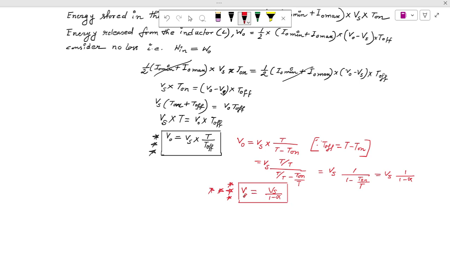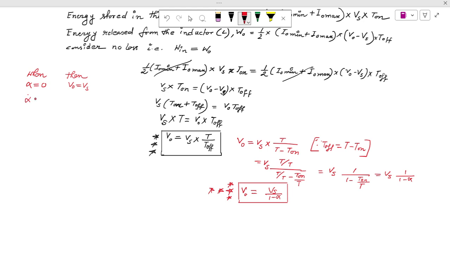So here V naught equals Vs by 1 minus alpha. If we consider alpha equal to 0, that means there will be no duty cycle. What will happen then? V naught is equal to Vs, so no step up.